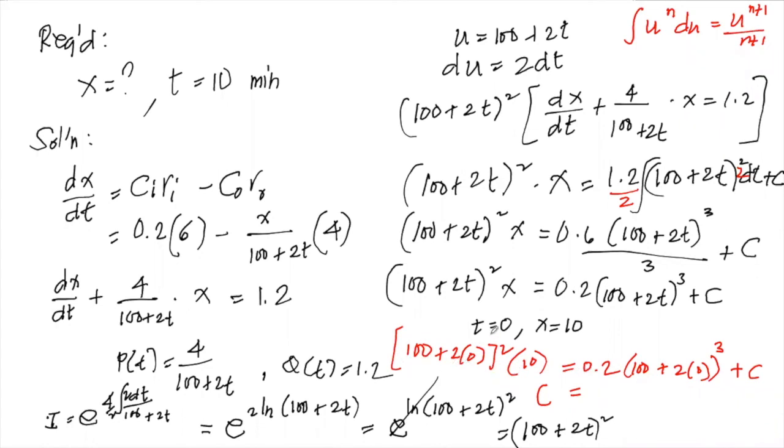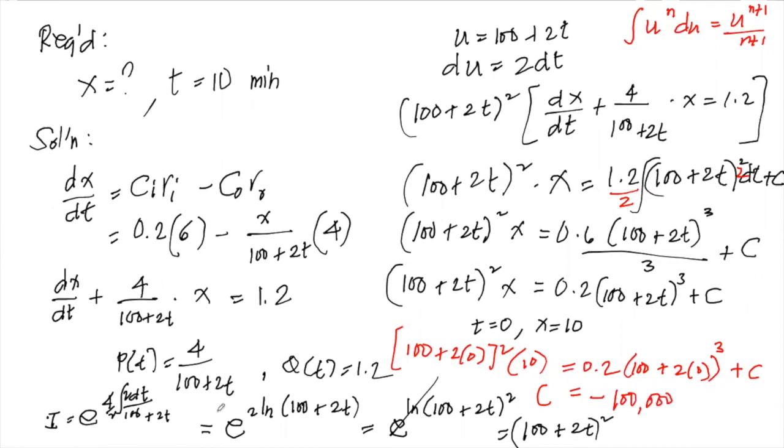So 100 squared times 10. Ito maging 100 cubed. Tapos times 0.2. So in here, sa left side, 100 squared times 10. Tapos minus natin yung 0.2 times 100 cube. The answer, negative 100,000. Tama ba? Check nyo nga. Negative 100,000.